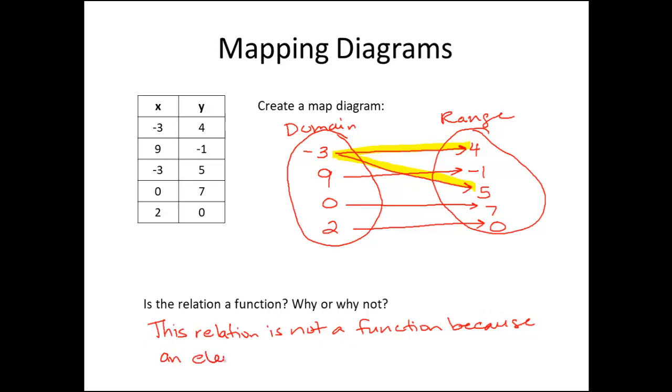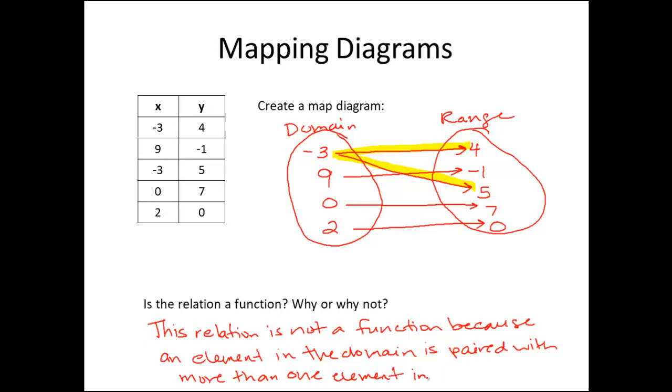An element in the domain, oh, we could have also said an x value, that's just a fancy way of saying that, is paired with more than one element in the range. Or we could have said y value. So this map is a nice visual of seeing that pairing. Obviously, we could have made a graph as well, but sometimes this is a little easier than making a graph.